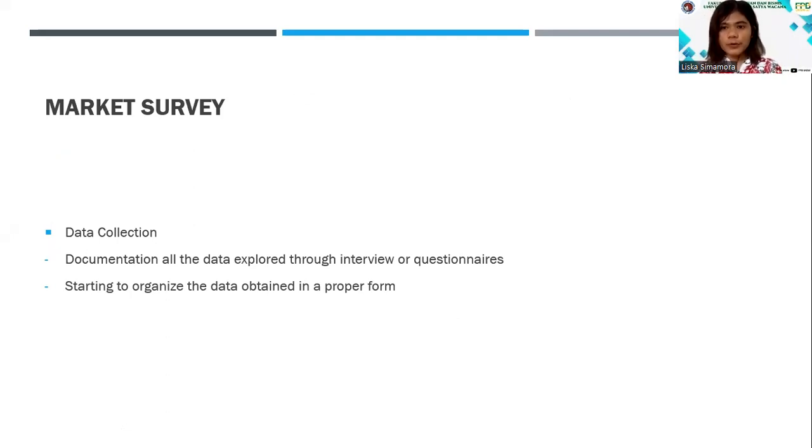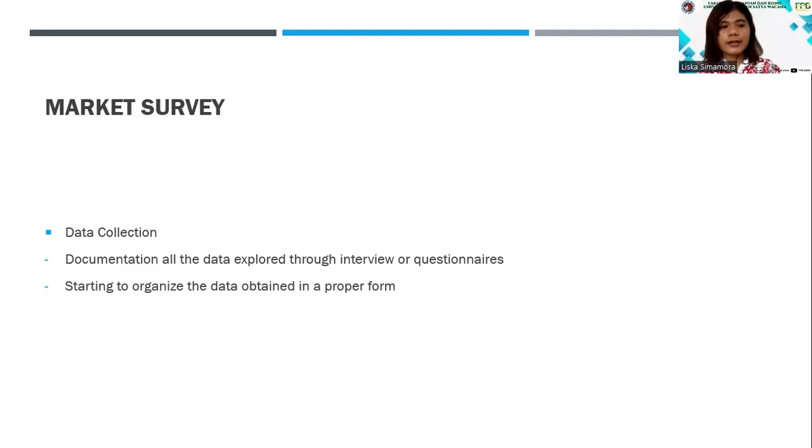Let's say we put the data gathered by questionnaire in a spreadsheet, or we rewrite the transcript when doing an interview in Microsoft Word, something like that. We don't want to keep the data taken through interview just in our recording device, but we have to rewrite it.